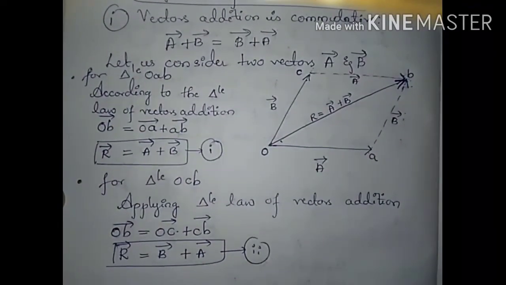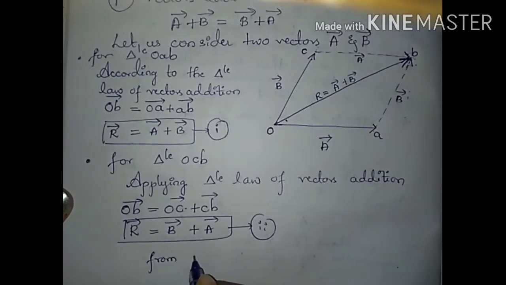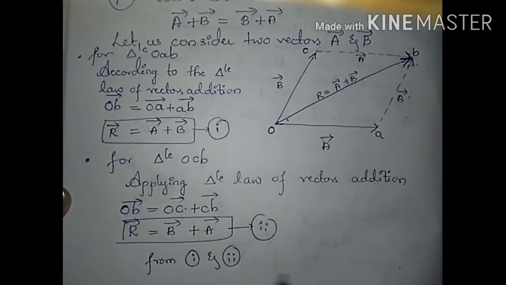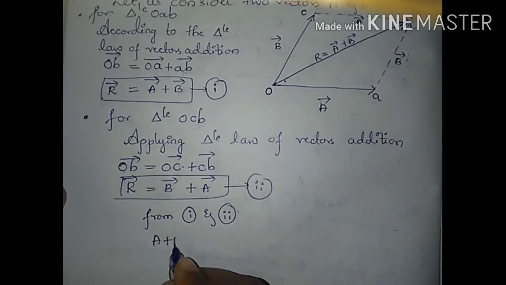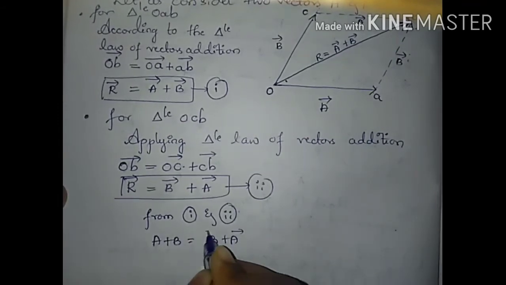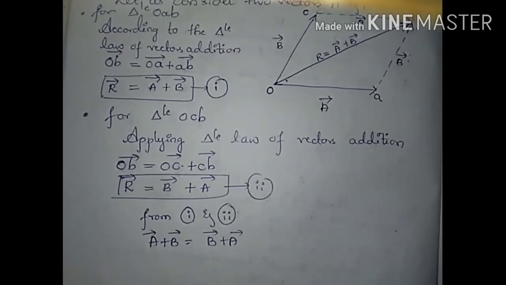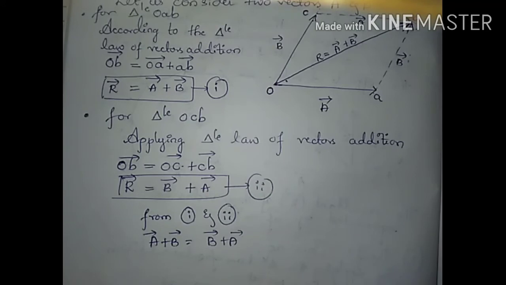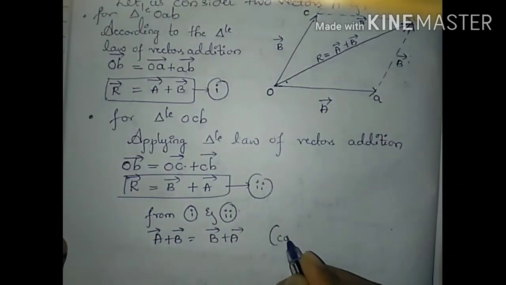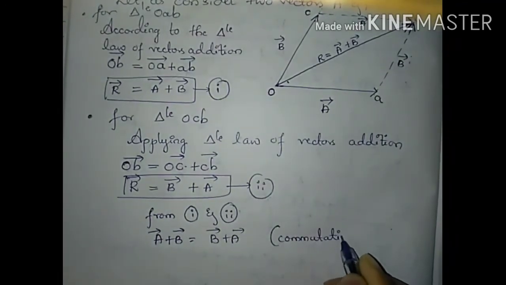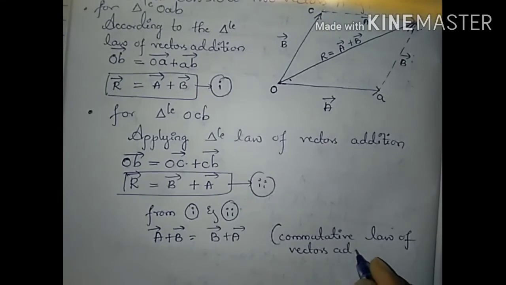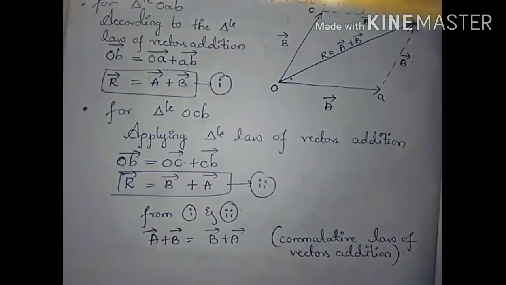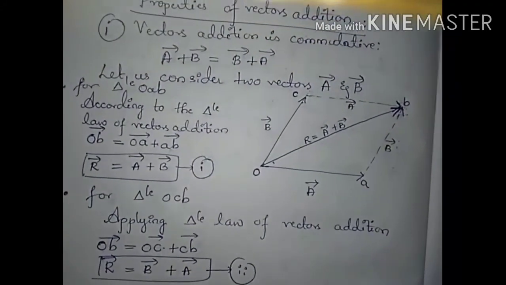So from equation number 1 and 2, we can tell that A plus B is equals to B plus A. So this here holds the commutative property, and this is known as commutative law of vectors addition.